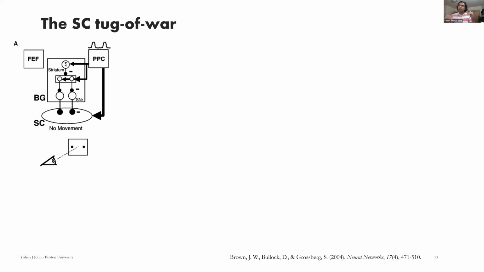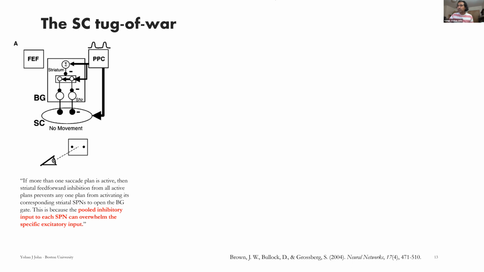So if you have, say, one command that doesn't sync up with the other, then the feed-forward inhibition inside the striatum dominates, and you get no activation of the go pathway. Yeah, so pooled inhibition to each SPN can overwhelm a specific excitatory input. So you could think of the inhibitory interneurons in striatum as a kind of variable threshold that needs to be crossed to get anything out of the direct pathway.